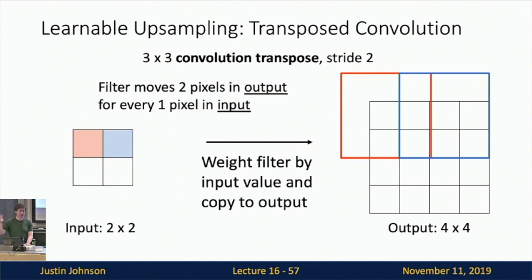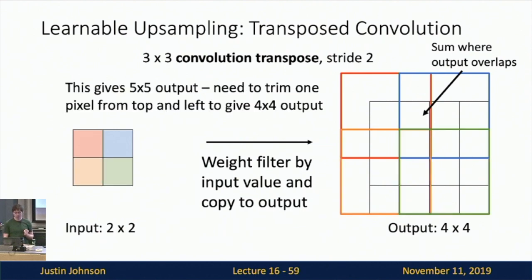For this second position, we again take the filter and weight it by the second blue pixel in the input, then copy the weighted filter into this moved position in the output. In these 2 regions where we have outputs from 2 different filter values, we sum where they overlap.